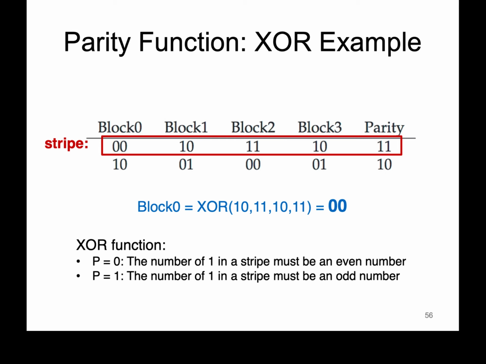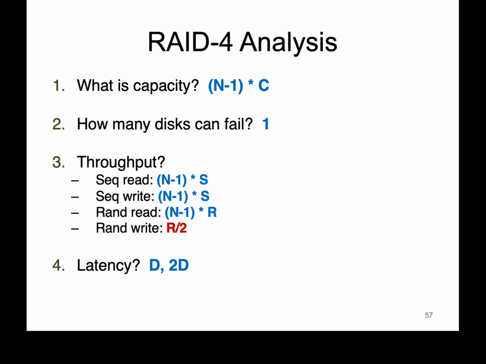Okay, so let's move on to the theoretical analysis of RAID 4. First of all, what is the capacity? Since we have a total number of N disks, out of this N, only one single disk is solely designated for storing parity chunks, right?